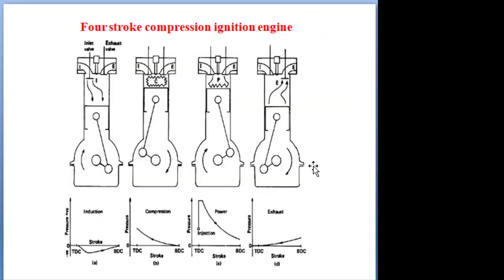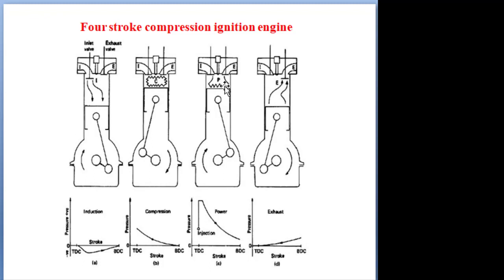Coming to the four-stroke compression ignition engines, here the operation is the same, but only fresh air is taken into the cylinder and only air is compressed. At the end of the compression, by using the injector, fuel is supplied. The compression ratio is double, meaning double the pressure. Suppose the air pressure is 20 bar, at 5 to 10 times, 5 times means 100 bar, up to 150 bar pressure.